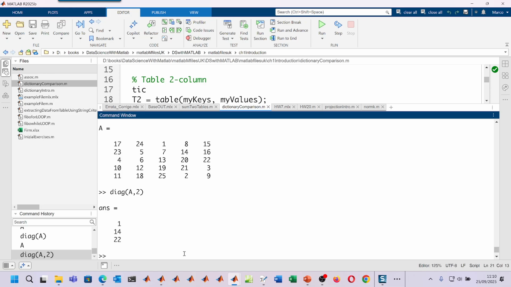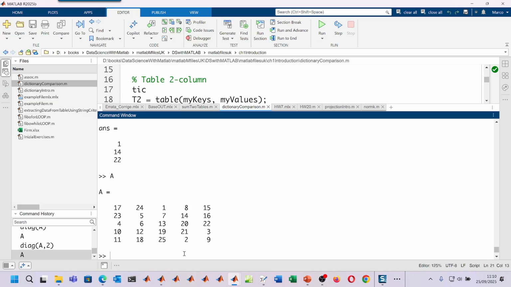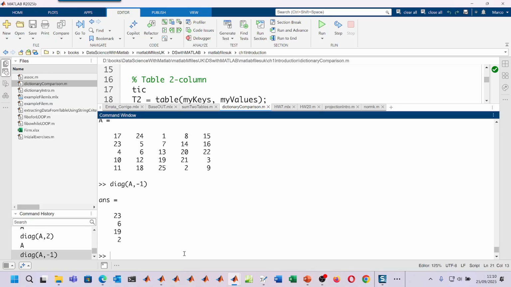Okay? And -1. So if I have A, you see, -1, the elements just below the main diagonal. You see? So if the input is a vector, it creates a diagonal matrix. If the input is a matrix, it extracts the elements in the main diagonal or the diagonals above or below.